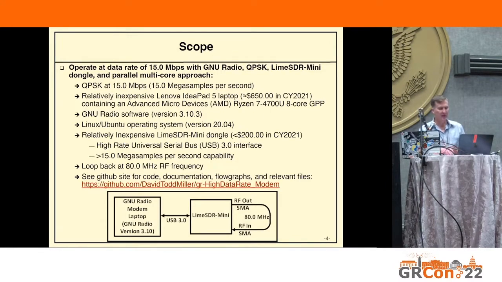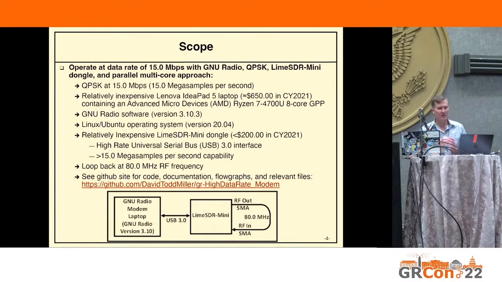I used an inexpensive, low-cost Lenovo laptop with 8 cores. I used GNU Radio 3.10.3 for this, the Ubuntu operating system, and a low-cost LimeSDR Mini dongle. And that had a USB 3.0 interface for good speed.